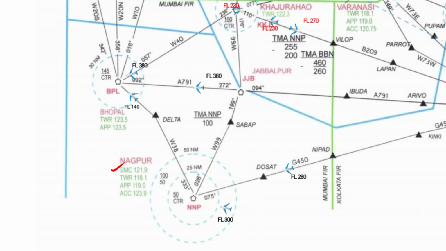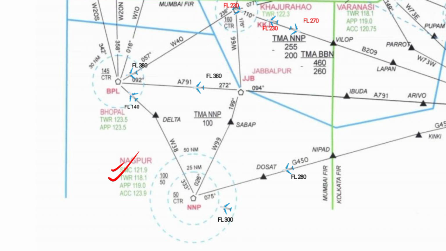That means from the runway vertically up to 5,000, and within 25 nautical miles of the Nagpur VOR, is the airspace given to TAR. So any maneuver in this airspace will be done under the control of Nagpur TAR.